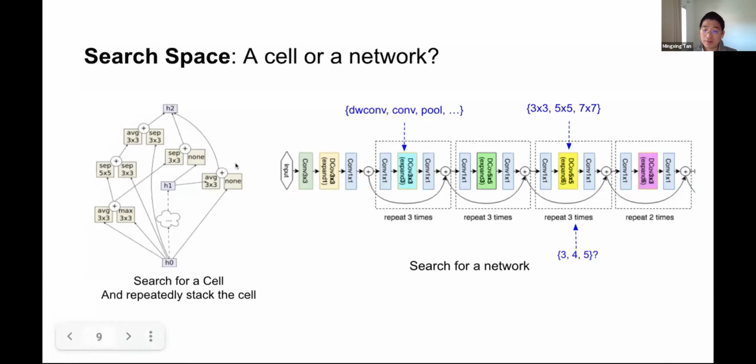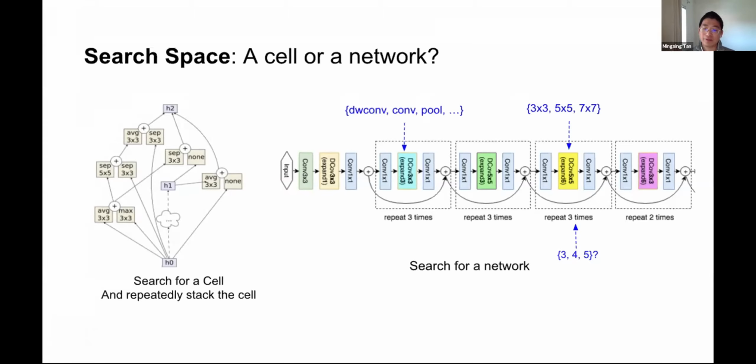So as you can see, this search space is really new. However, it has a problem because the search space is huge. It has to restrict to a single cell. And then after you find a good cell, you will repeatedly stack the same cell.